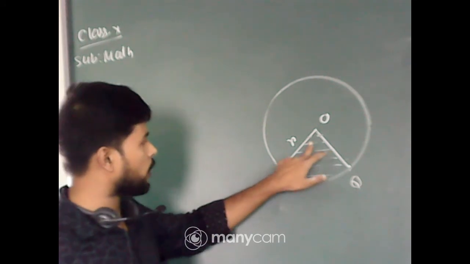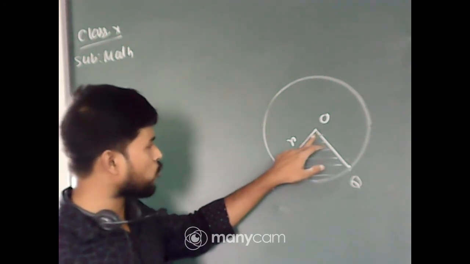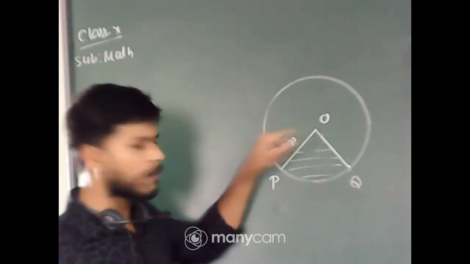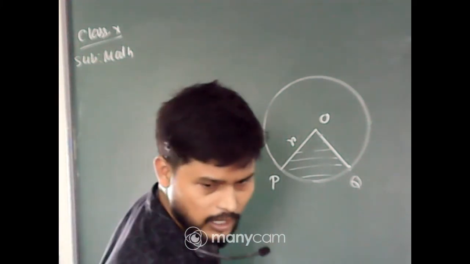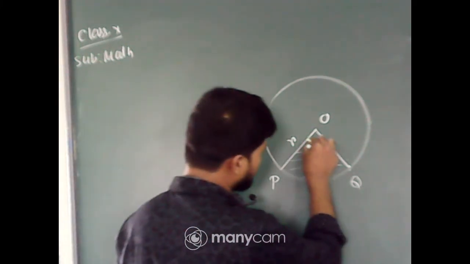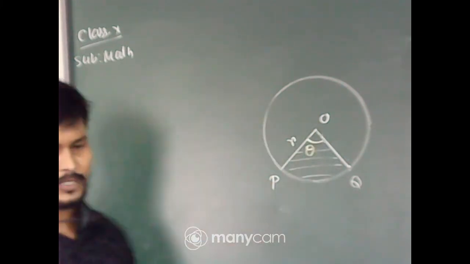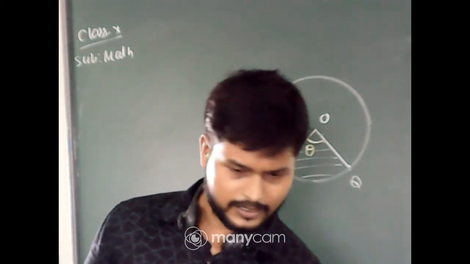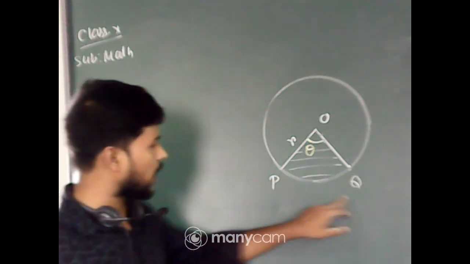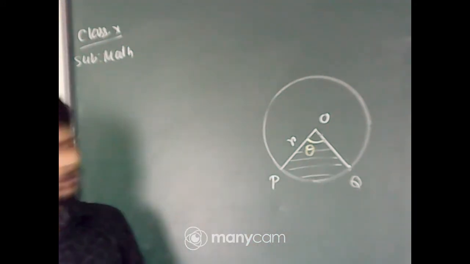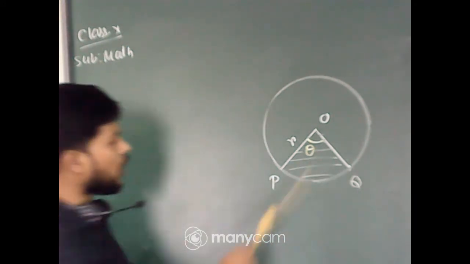Now, our task is how to find the area of this minor sector. If the angle at the center made by this arc is theta, how to find the area of this portion?